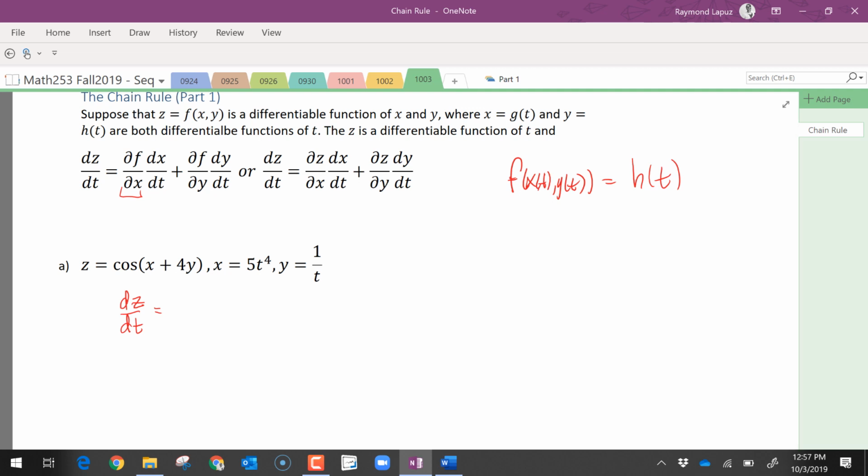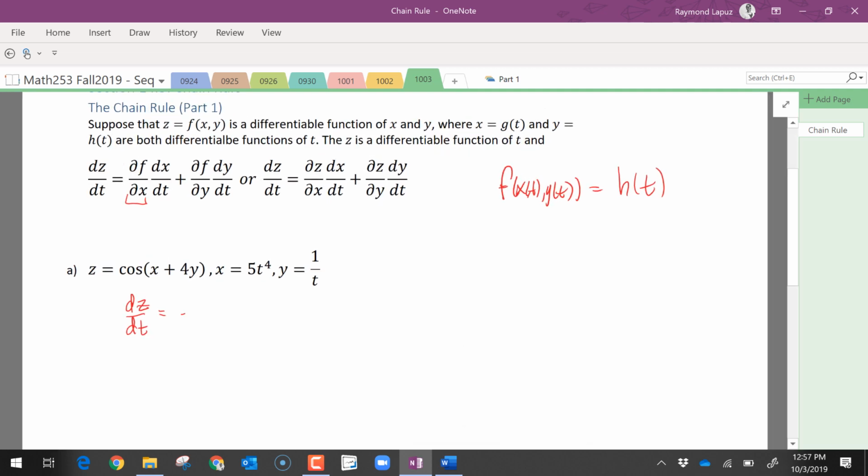The derivative of cosine is negative sine, sine of x plus 4y, times the derivative of the inside. Don't forget the chain rule. But the derivative of x plus 4y with respect to x is just 1. So that's the partial of f with respect to x.